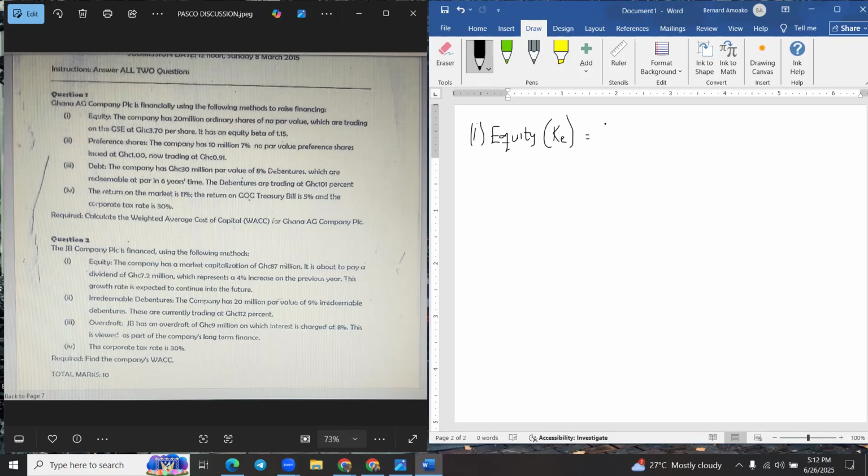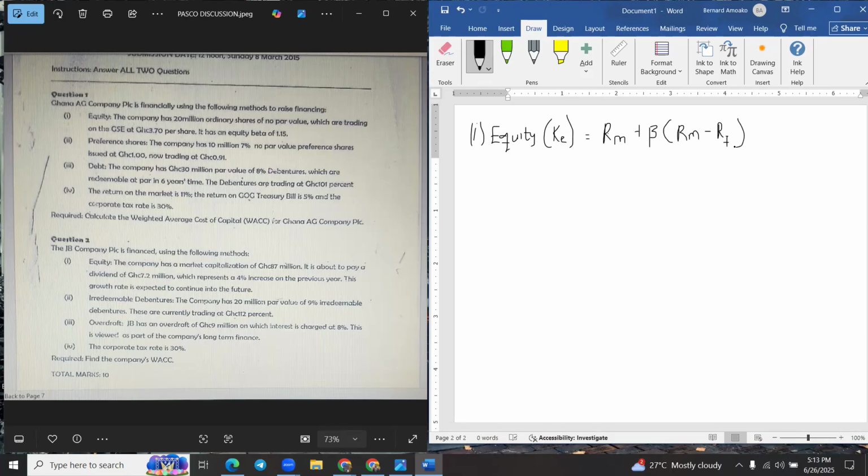It says the return on the market plus beta multiplying the whole return on the market minus risk-free. I have interchanged your formula.